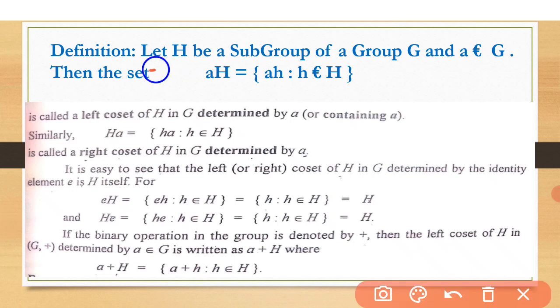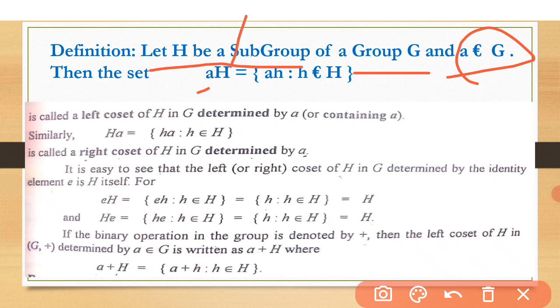Definition. Let H be a subgroup of group G and a belongs to G. We take the element for cosets from the whole group G and we multiply or add it with the subgroup H on the left side and right side, and check whether the set that comes after this action belongs to G or not.